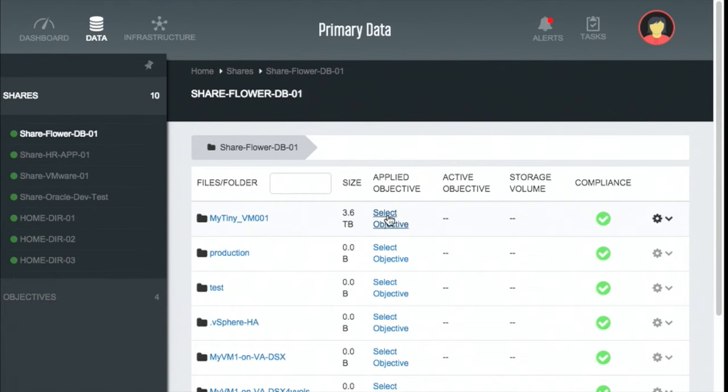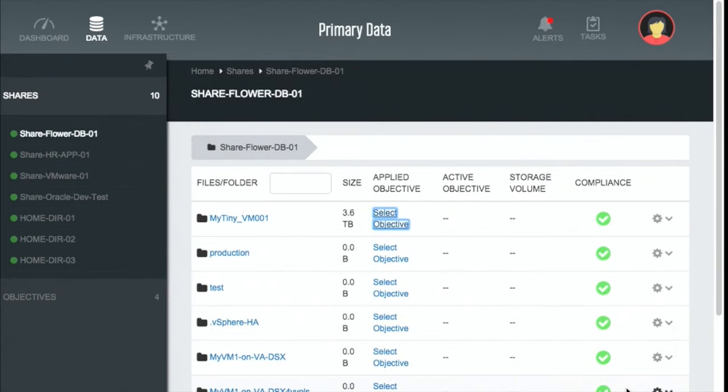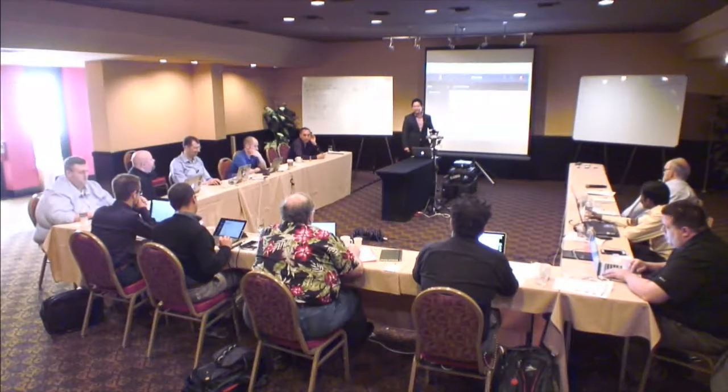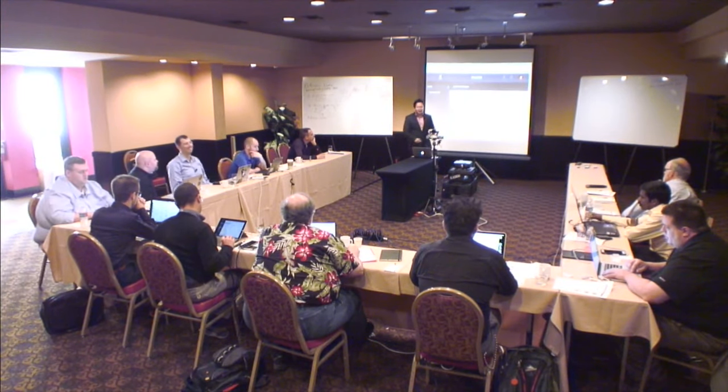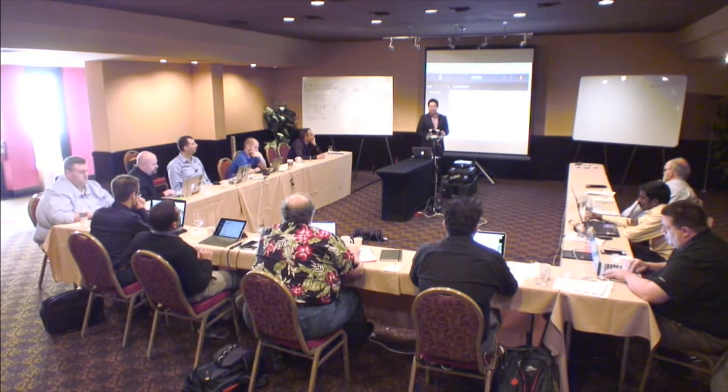So we can go to a specific folder and say, I don't want you to inherit SFD8, I actually want you to inherit Howard. And now you have a parent and child with different levels of objectives. Or the smart objectives, different machinery selecting different objectives at different times. Precisely. So that takes care of the illustration we're trying to show you in terms of objectives and smart objectives.